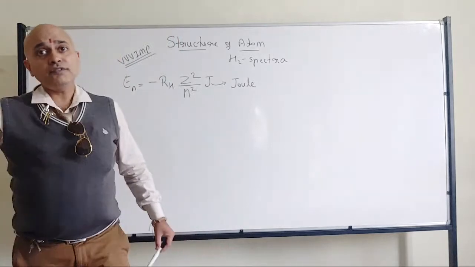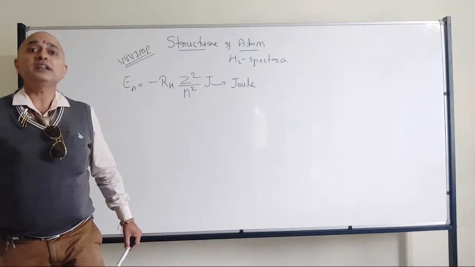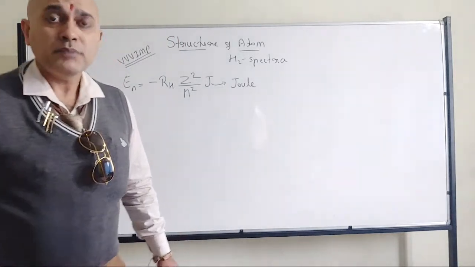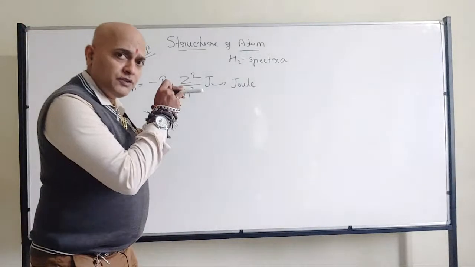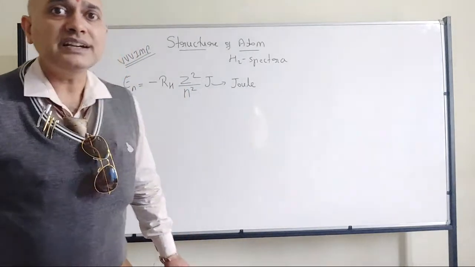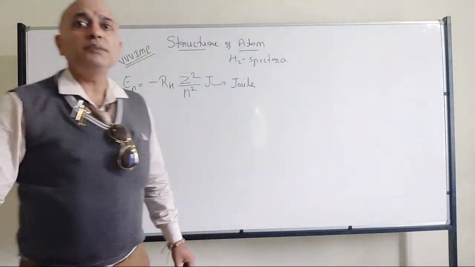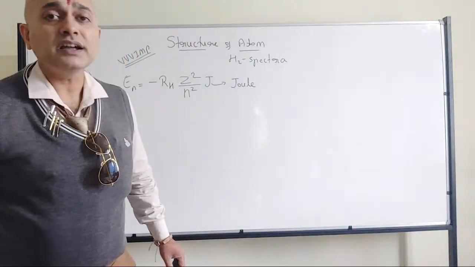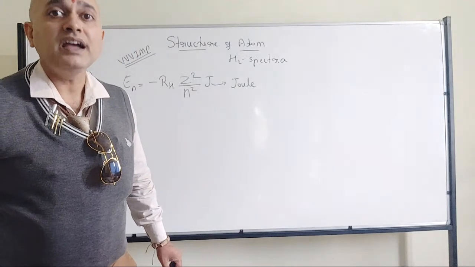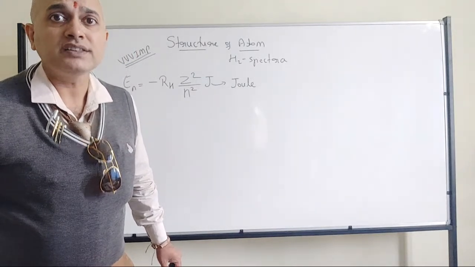But altogether, other elements have more electrons. If you focus on only that one electron at energy level 1, then yes, that electron will have higher energy compared to other elements.